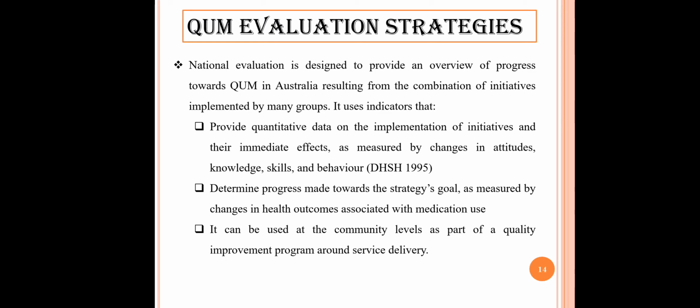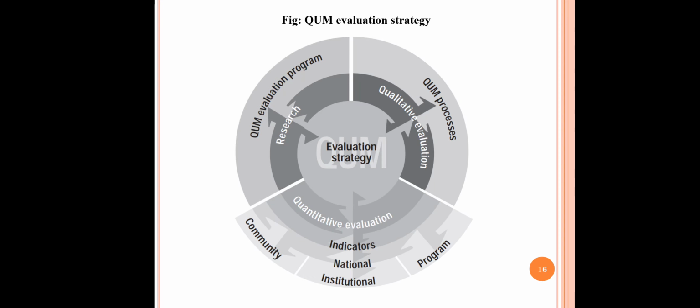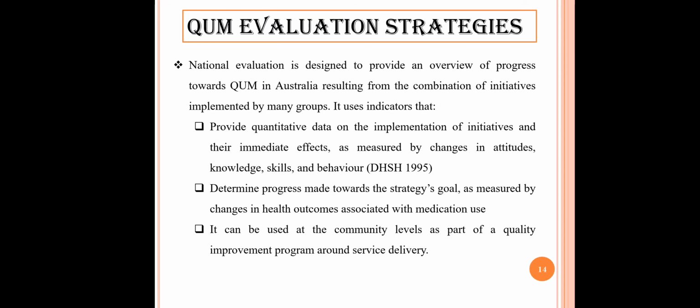QUM evaluation structure. National evaluation is designed to provide an overview of progress towards QUM in Australia resulting from the combination of initiatives implemented by many groups. It uses indicators that provide quantitative data on the implementation of initiatives and their immediate effect as measured by changes in attitudes, knowledge, skills and behavior.